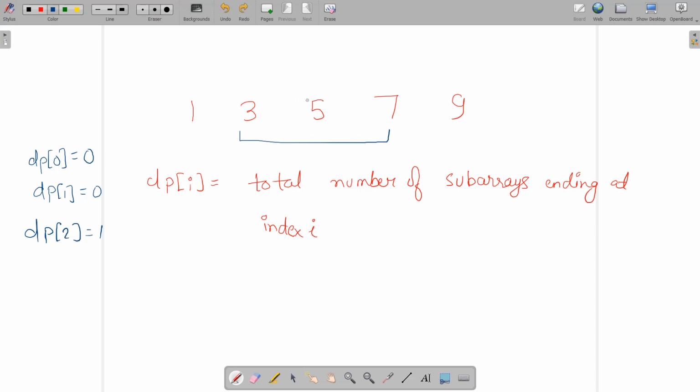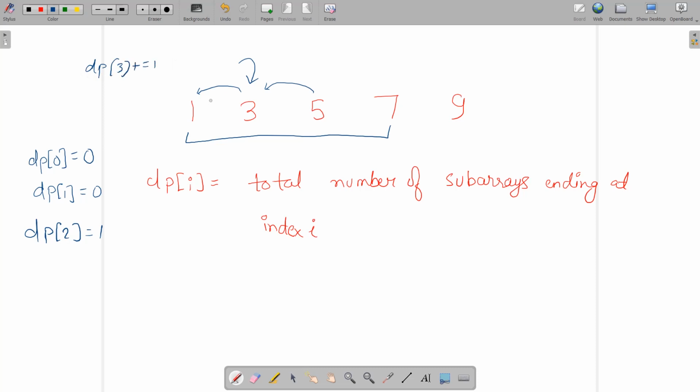If you find that this subarray 3 5 7 is an arithmetic array, you will increment your count by 1, that is dp of 3 plus equal to 1, because 3 5 7 is an arithmetic subarray ending at this 7. You will then extend this to the next position and check whether 5 minus 3 is exactly equal to 3 minus 1. If it is good, again you will increment dp of 3 by 1.